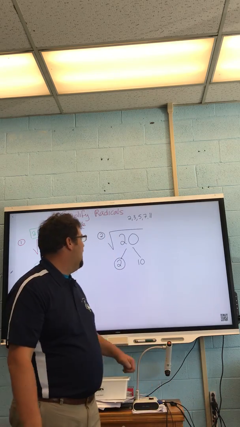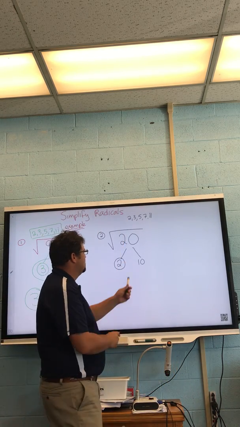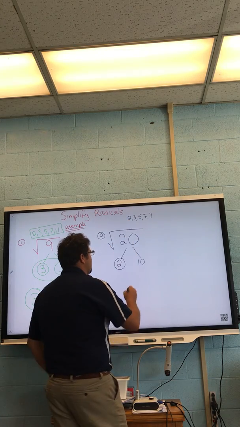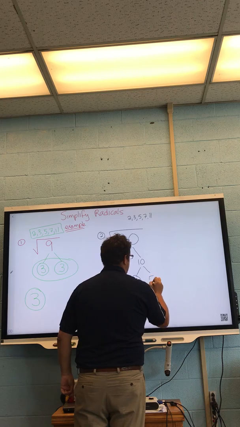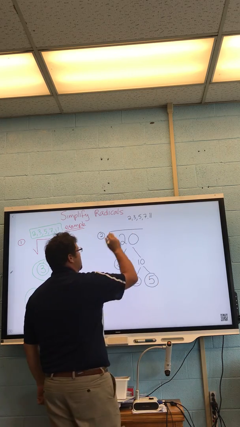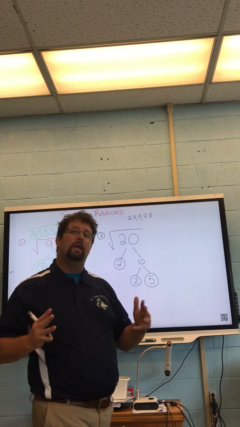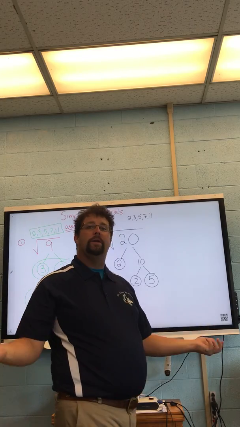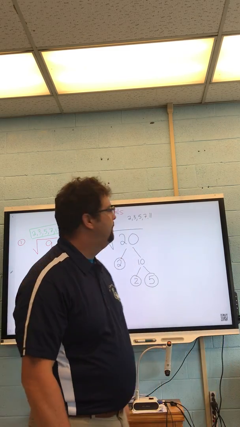Now, second, we have a 10. 10 is also an even number, so I can use 2 again. So I'm going to have 2 times 5. Both of those are prime numbers. Now, here's where the tricky part comes in. Remember my washing machine? I have to wear socks that match, right?